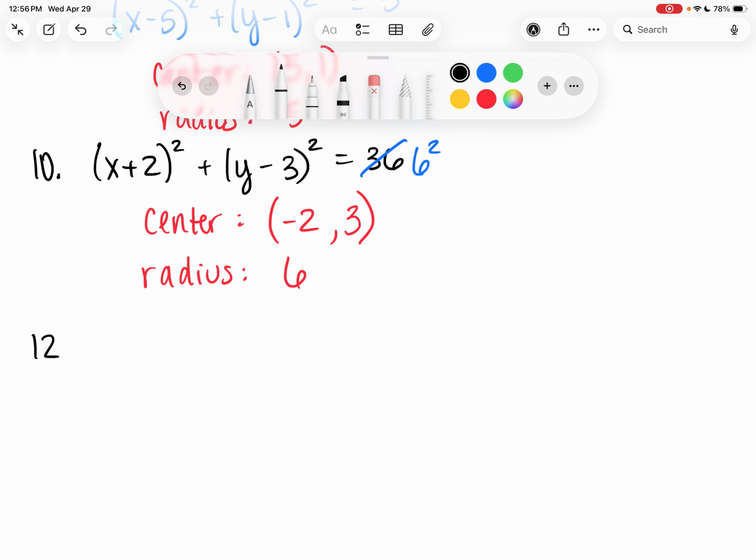Number 12: x minus 1/2 squared plus y plus 3/4 squared equals 1/4.